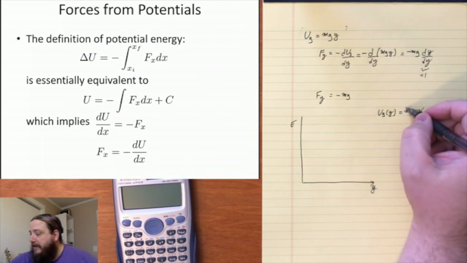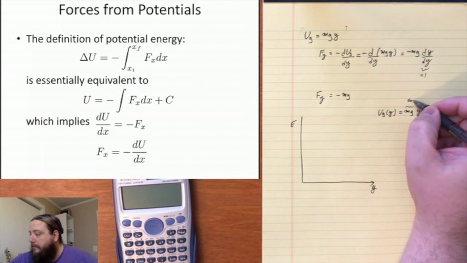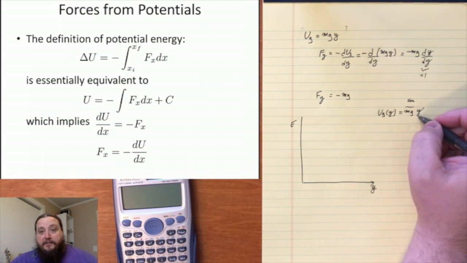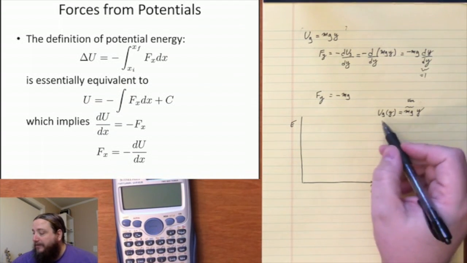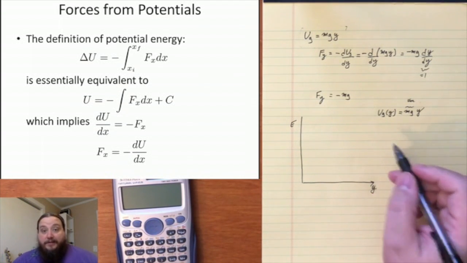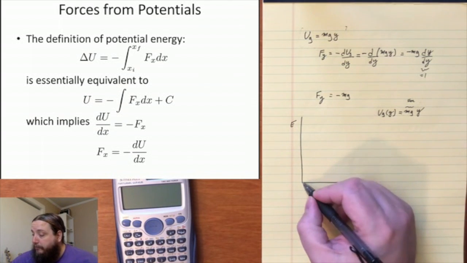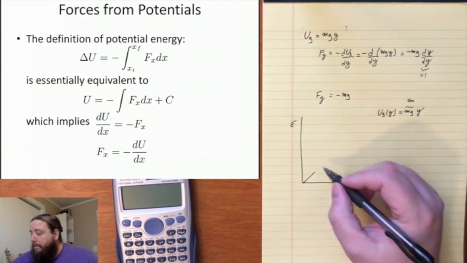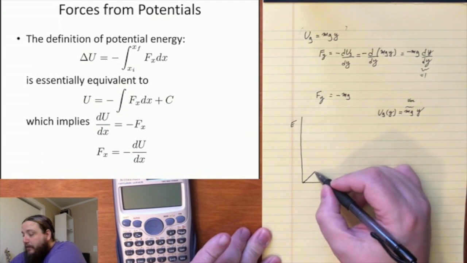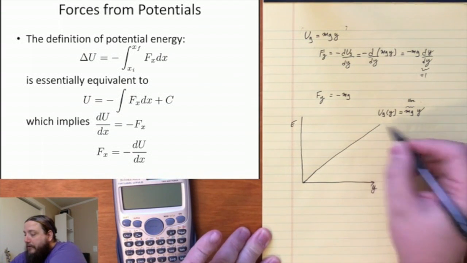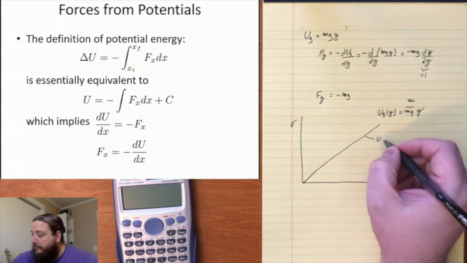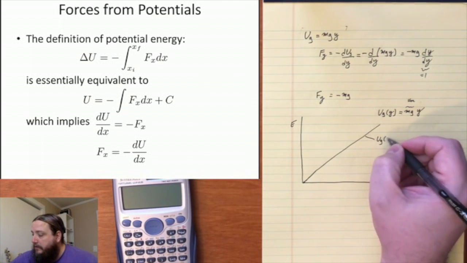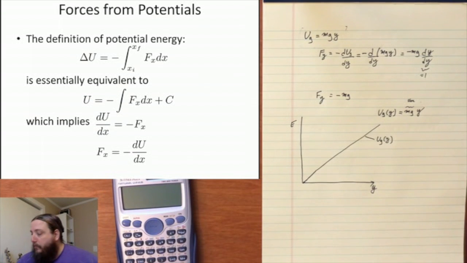Well, that's a slope times our independent variable. In other words, this equation is the equation of a line that goes through 0, has slope mg. So we could call this U as a function of position y.